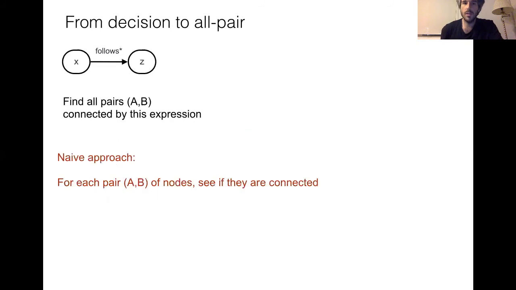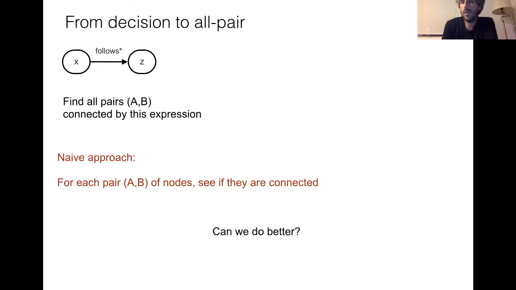And it's not that easy when we talk about paths. So the naive approach, of course, is we're going to check each pair A, B of nodes, and we invoke the decision problem. We check if they are connected. If they are connected, this is an answer for the query, and if not, we just continue to the next pair.